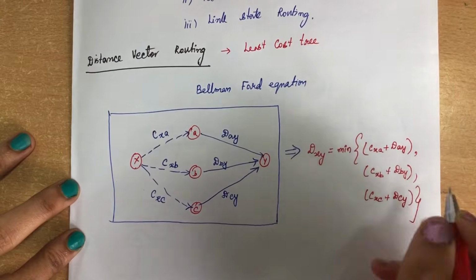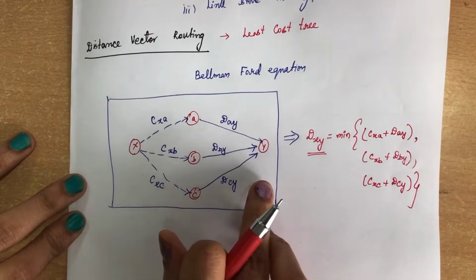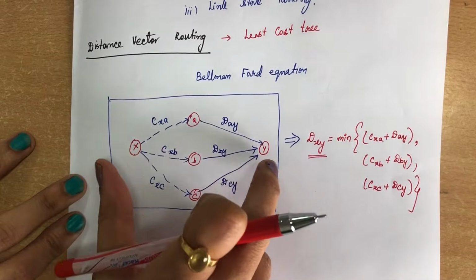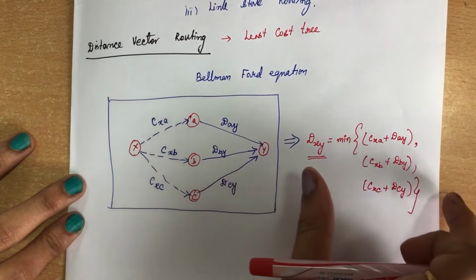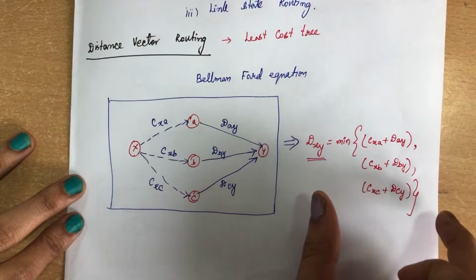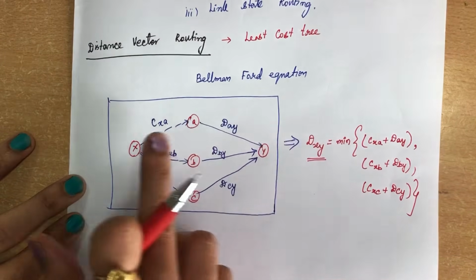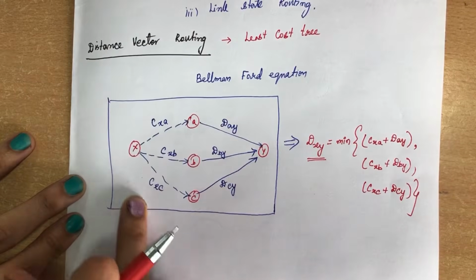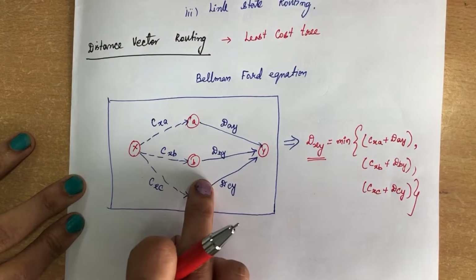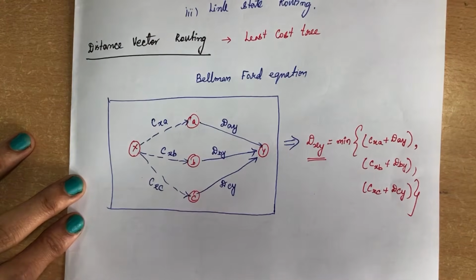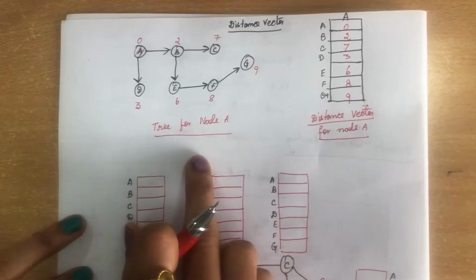So this is the equation for finding the shortest path between X and Y. The equation says you have to find the minimum cost among the first route, second route or third route. Using this concept, we will find the least cost and the distance vectors. So now we will find the distance vector.